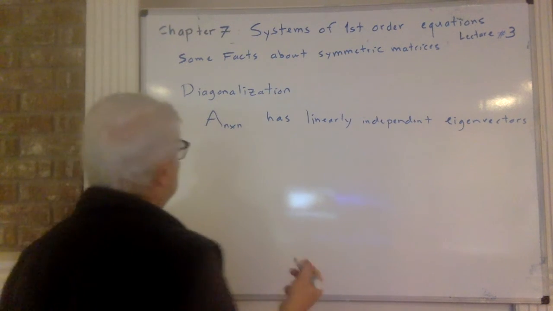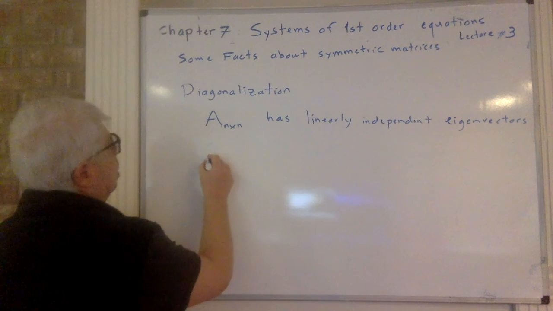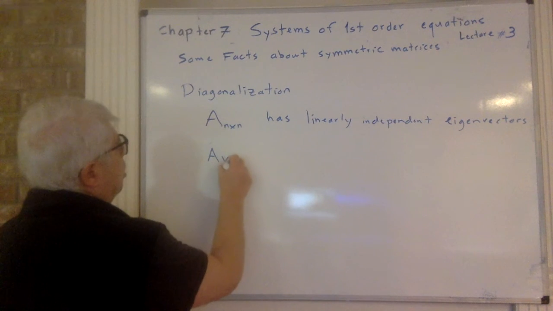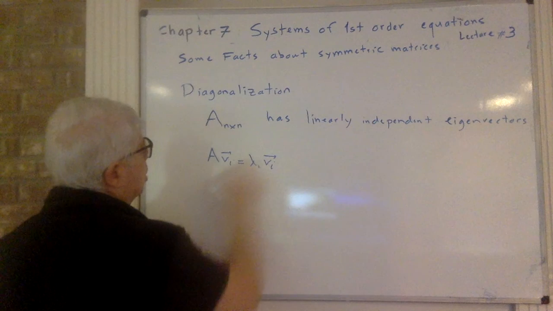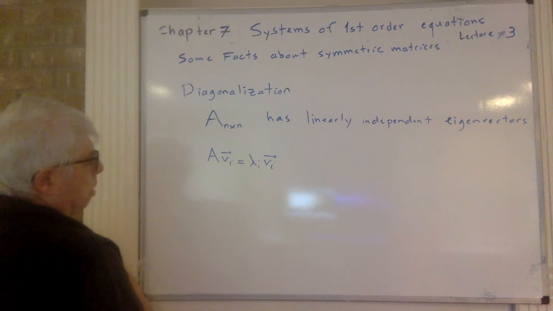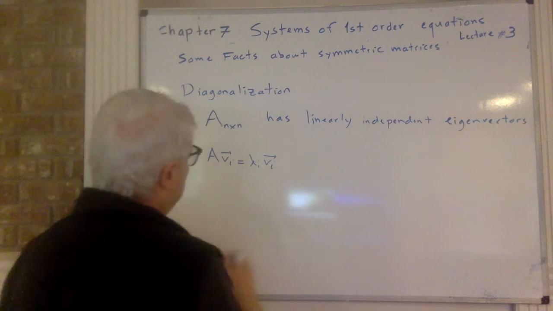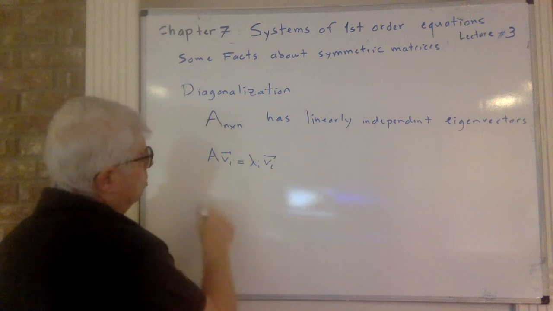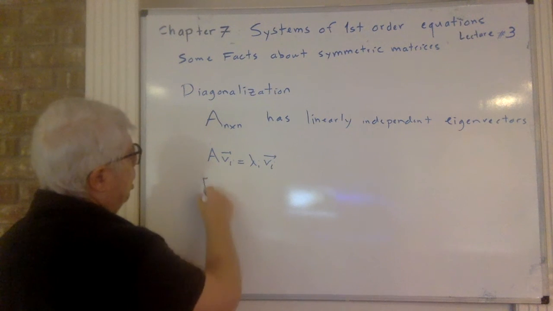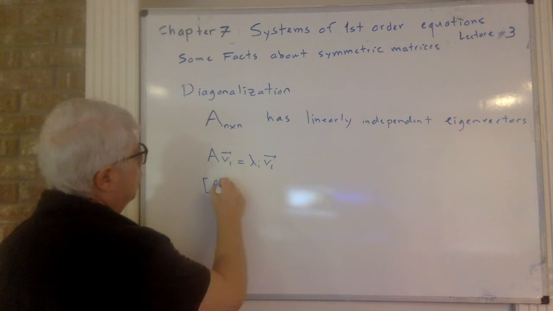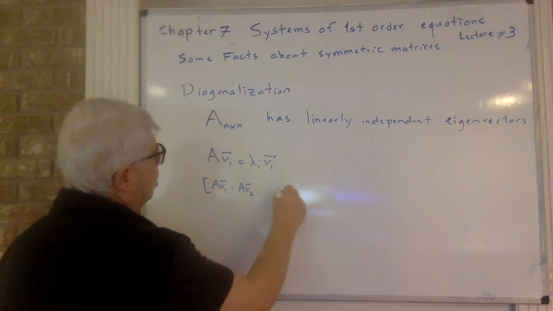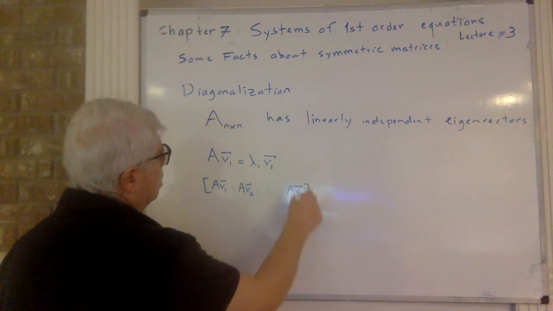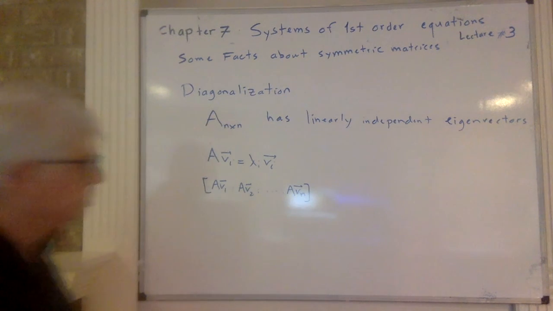So now let's write down. I have A vi, if that's an eigenvector, is lambda i vi. Let's put them in a matrix format. So I have A v1, A v2, and A vn as columns of a matrix.